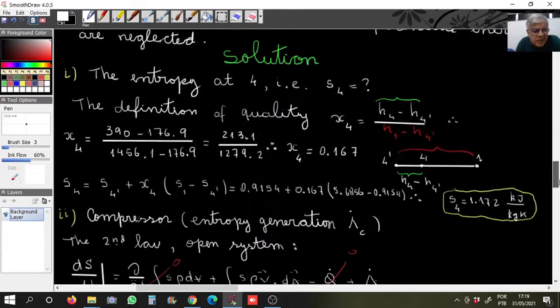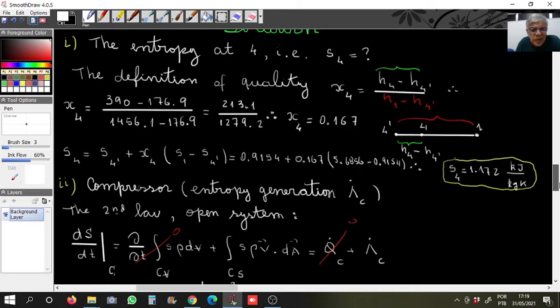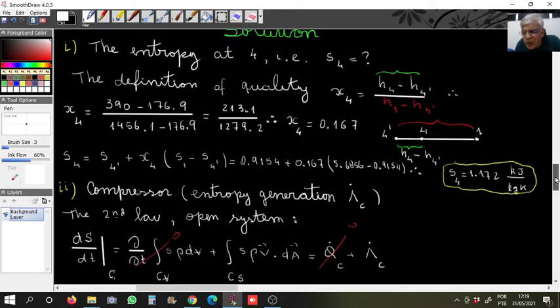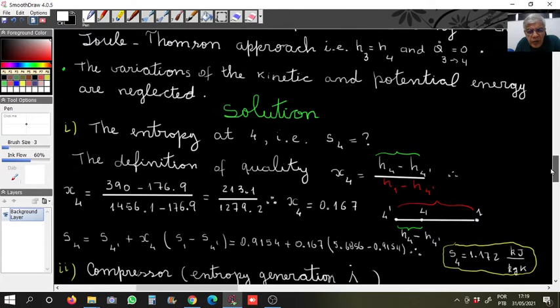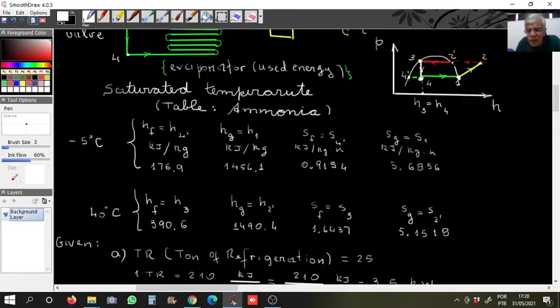Before doing this, I will define something. Look here. State 4 contains liquid and vapor, because it is in the region between 4' and 1. 4' is only liquid, 1 is only vapor.